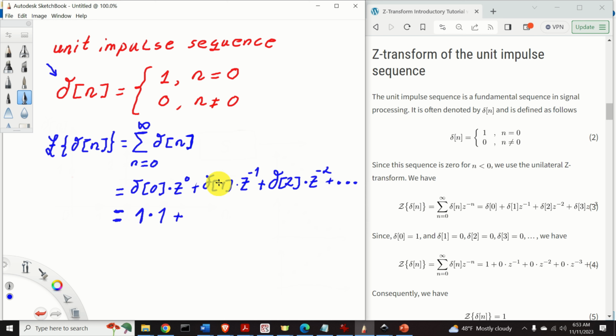Plus over here we will have 0 multiplying z to the power minus 1 plus 0 multiplying z to the minus 2, etc. Since all the other terms are actually equal to 0, as the result we obtain 1. Consequently, the z-transform of the unit impulse sequence is equal to 1, and that's it.